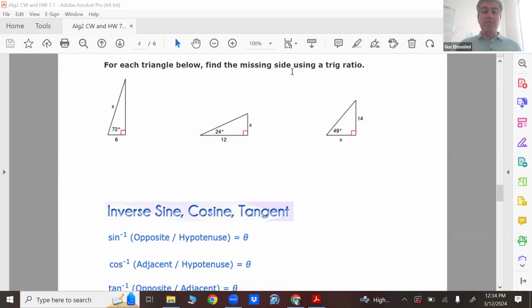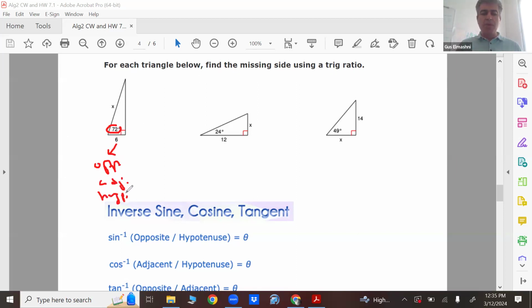Now here, find the missing side using a trig ratio. Now, Hunter, this is to answer your question. Which one do you use, right? Because you have 3 options, but only one of those 3 is going to work. So you have 72 degrees, right? Okay, the 6. Is it opposite? Is it adjacent?